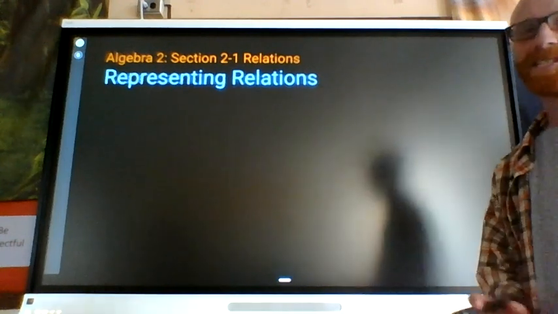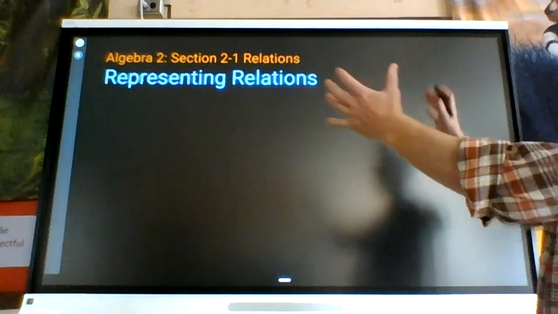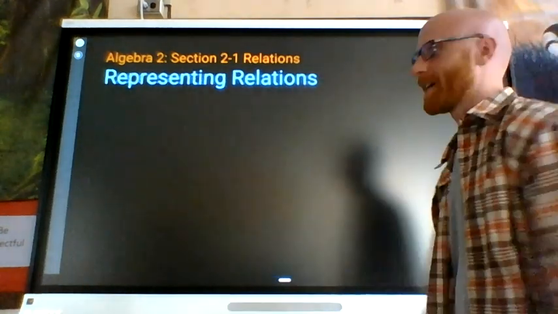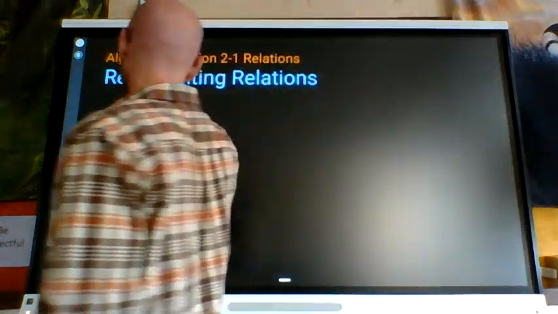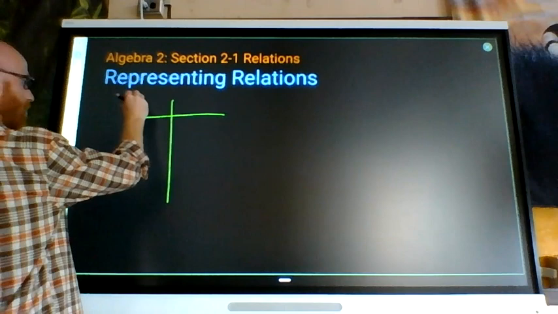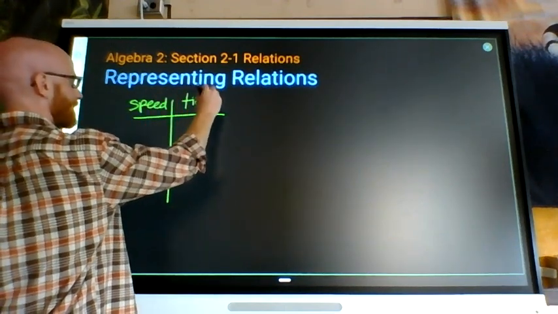Relation representations, representing relations. So what is a relation? It's a rule connecting two different sets of values. One natural way to represent relations would be to use a table. Speed, ticket price.